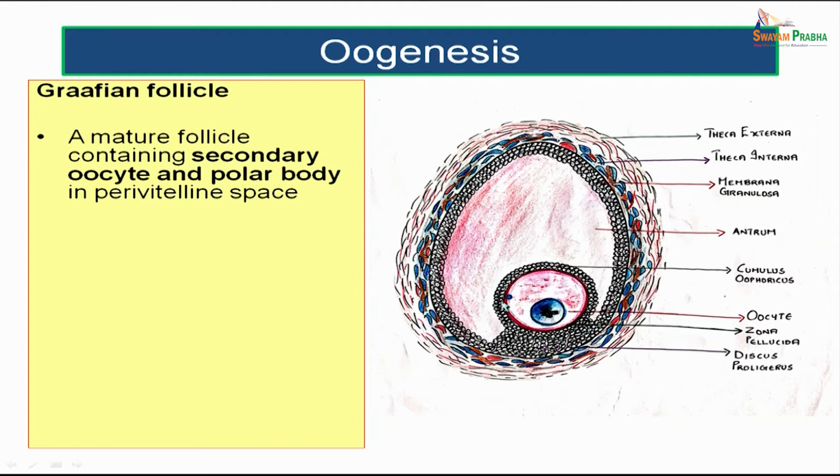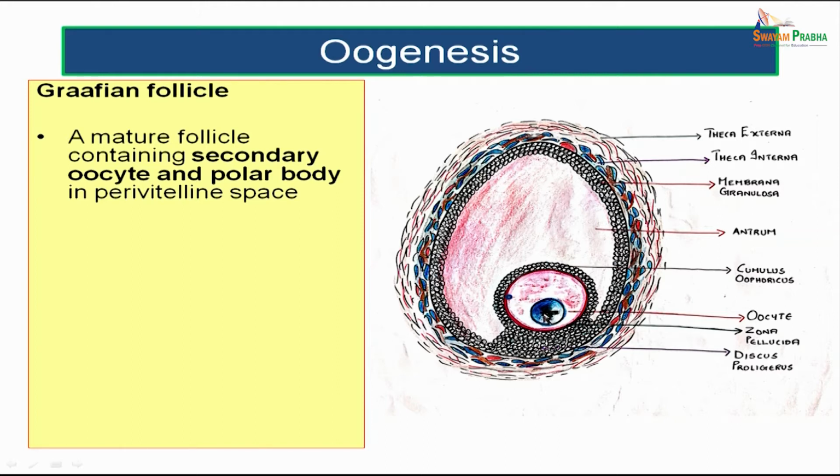And there will be the release of a polar body. Can you see a very small polar body here? This polar body is actually lying in the perivitelline space. So, the perivitelline space is a space just outside the vitelline membrane. The vitelline membrane will be covering the oocyte, and just outside it there will be a space known as the perivitelline space, and the polar body after the first meiotic division will be seen in the perivitelline space.